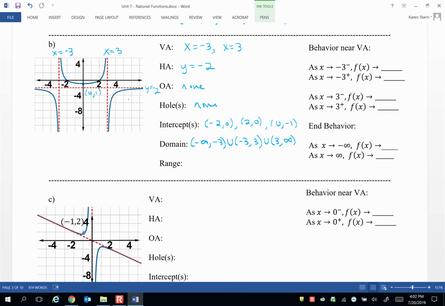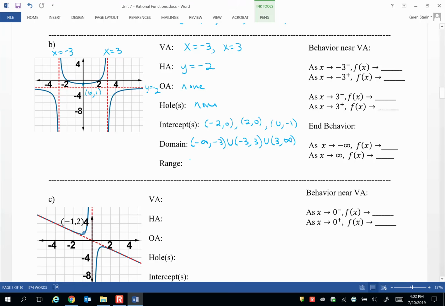But when I get above the horizontal asymptote, the y-intercept happens to be the lowest value of y that's above that horizontal asymptote. So we have to be very careful that we have two pieces of the range.